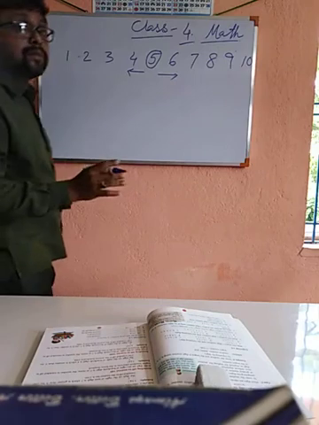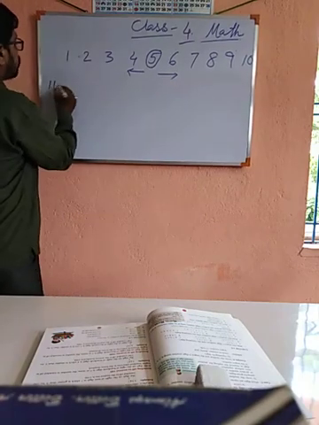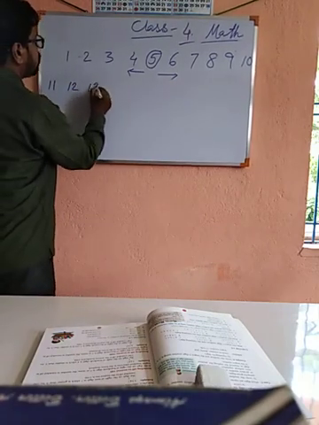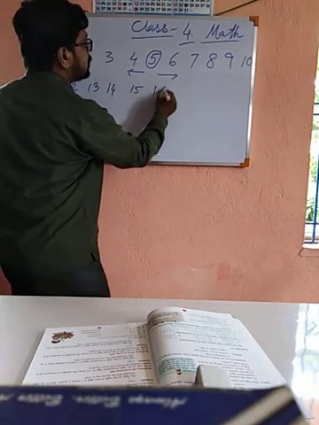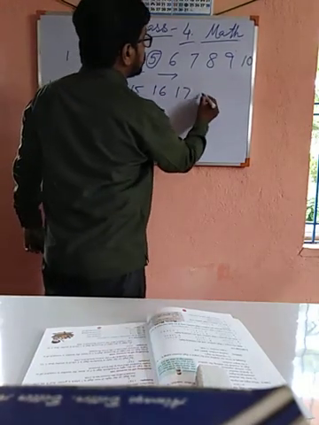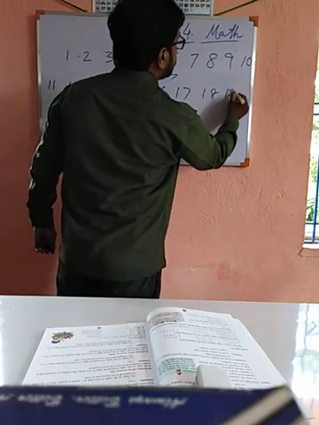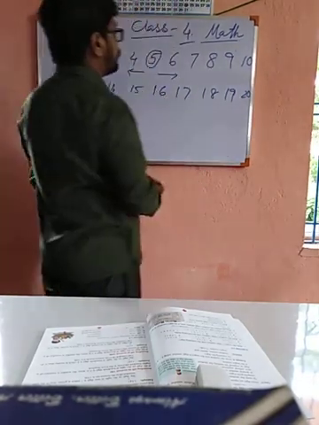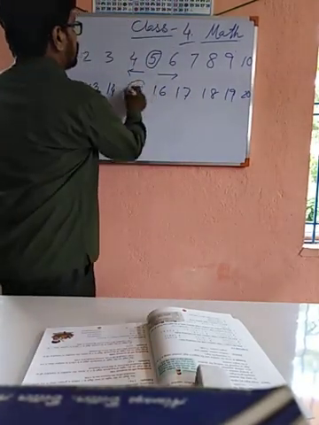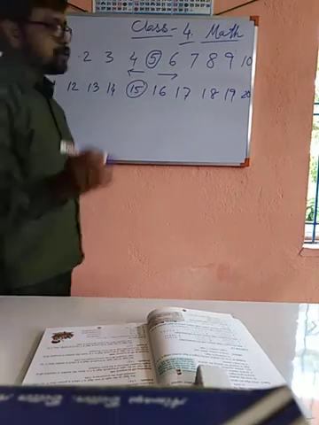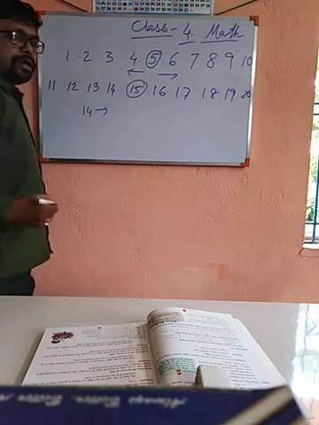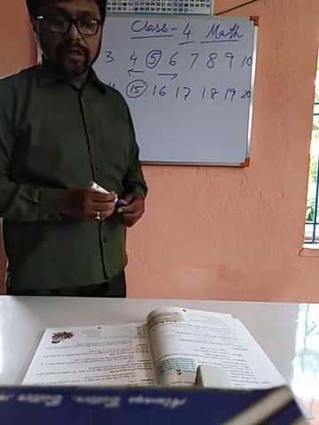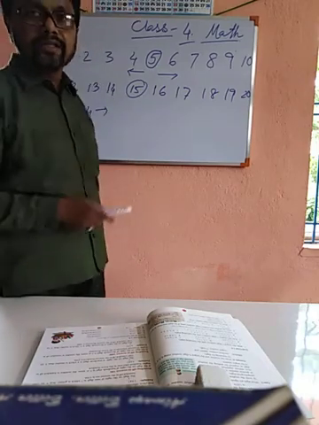Again I am writing some numbers: 11, 12, 13, 14, 15, 16, 17, 18, 19, 20. Now suppose you are given 14, rounding to the nearest 10.